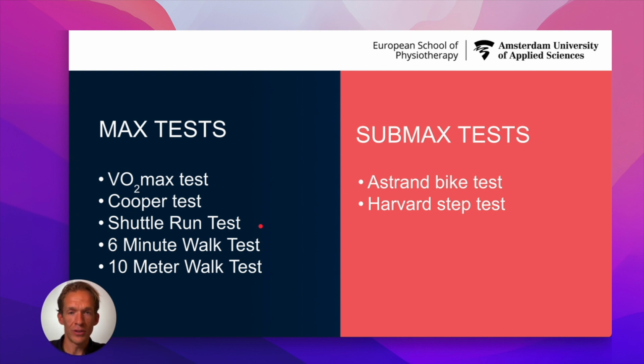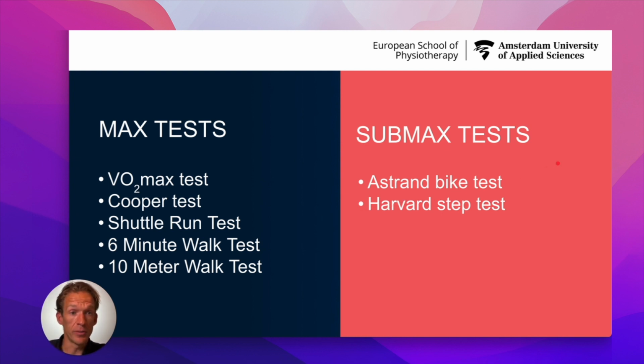So if you have the possibility, definitely always go for a true max test, trying to measure someone's true VO2 max if you're interested in aerobic capacity. The 6-minute walk test or the 10-meter walk test would also be considered max tests, but if they are used to get an idea or a prediction of aerobic capacity, then the quality of those tests is relatively low.